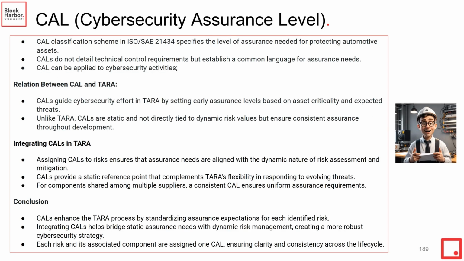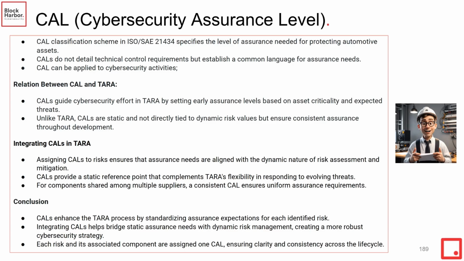Now let's discuss cybersecurity assurance levels as defined in ISO/SAE 21434. CALs specify the level of assurance needed to protect automotive assets. They don't detail specific technical controls, but instead provide a common language for assurance needs across the development lifecycle. CALs help guide the cybersecurity effort within TARA by setting early assurance levels based on the criticality of assets and the potential threats.